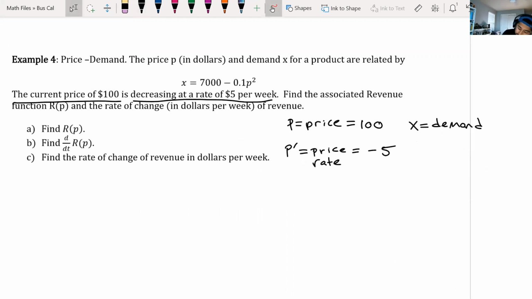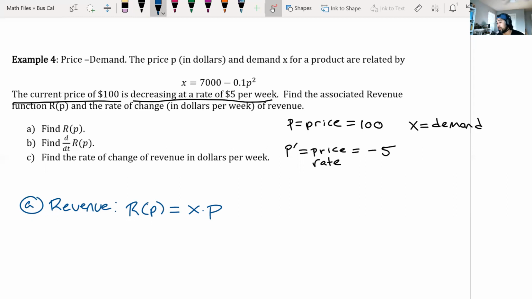Okay, so A, find revenue. Now, if you remember from 1324, revenue is given by the amount of items X times P. So that's just the formula for any revenue function.